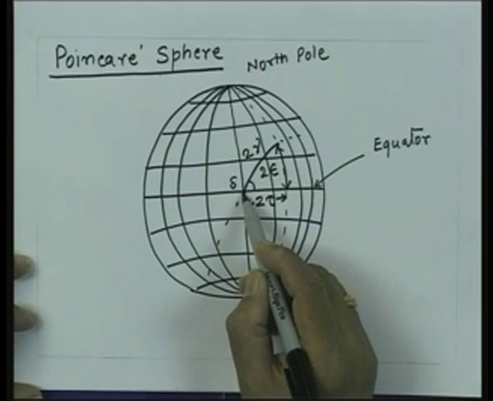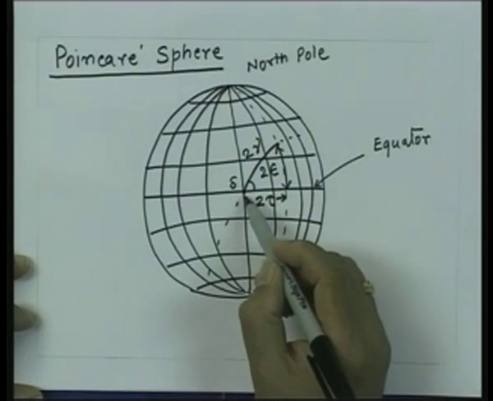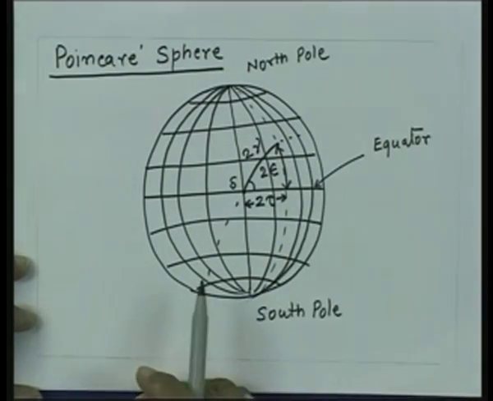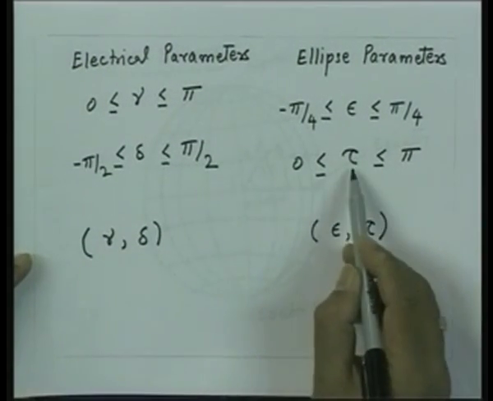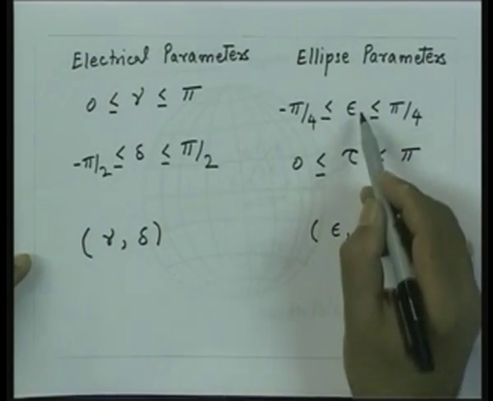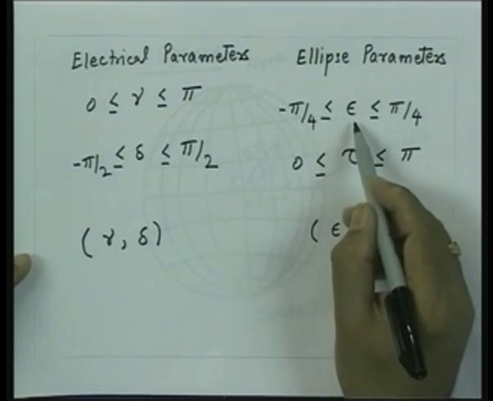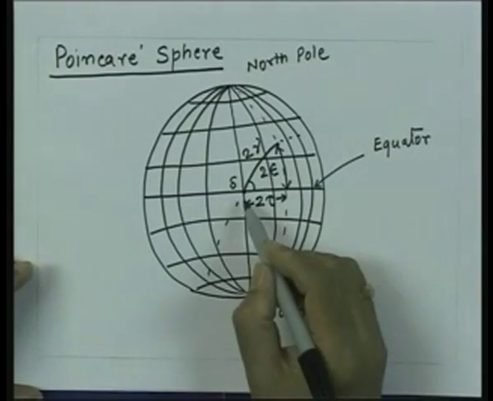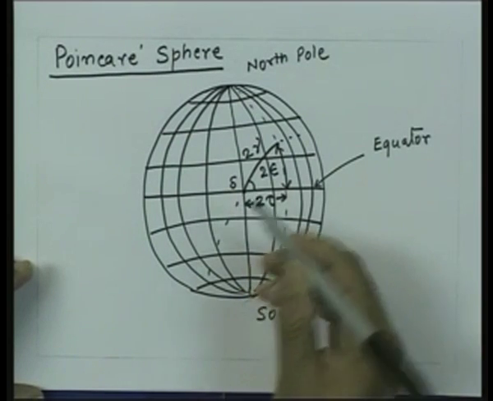This point on the equator at the reference longitude means the tilt angle of the line is 0 and the axial ratio is infinite, so it is a linear polarization with tilt angle 0.